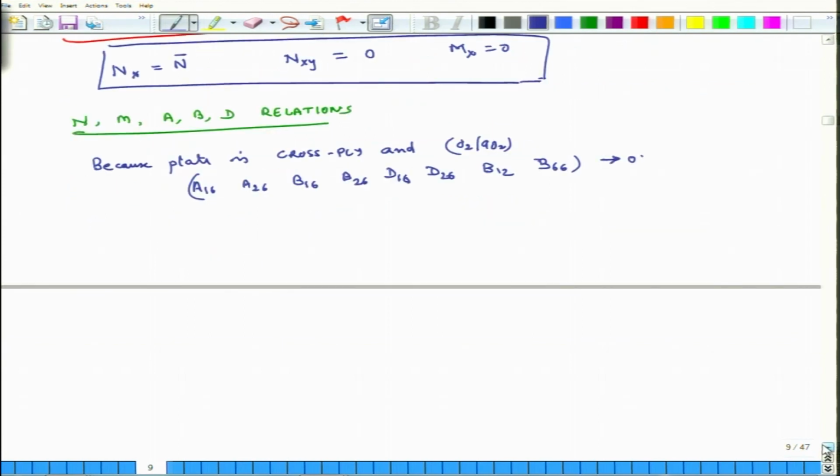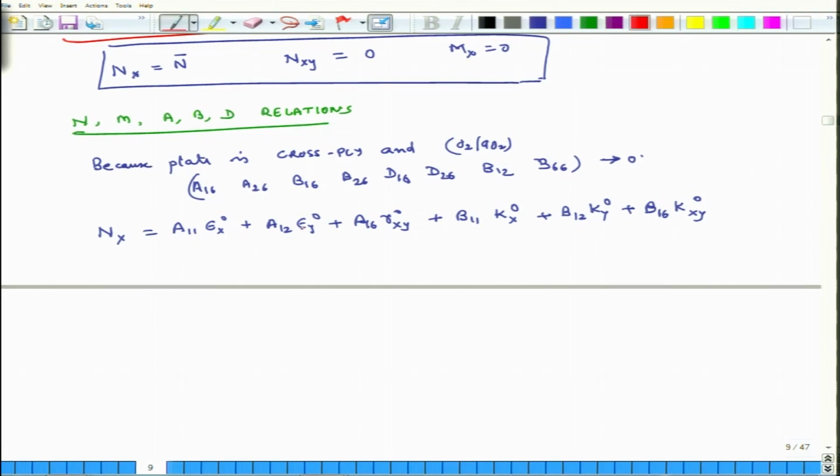So with this understanding, now let us write down the relation for Nx. Nx is equal to A11 epsilon x naught plus A12 epsilon y naught plus A16 gamma xy naught plus B11 kx naught plus B12 ky naught plus B16 kxy naught.